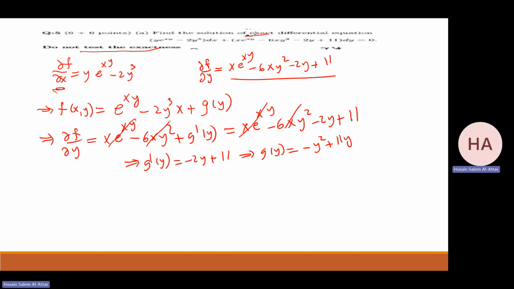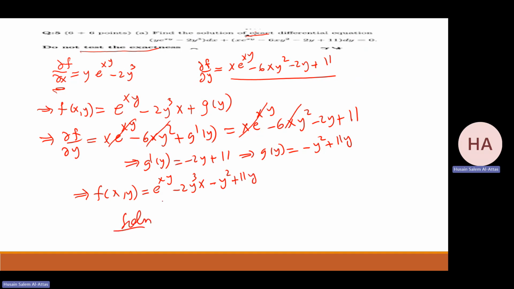So I have f of x and y will be e^(xy) minus 2y cubed x minus y squared plus 11y.